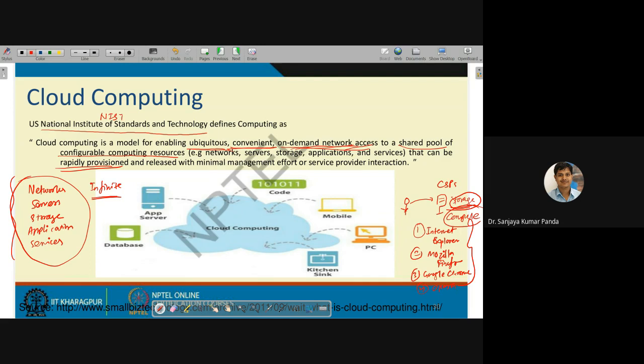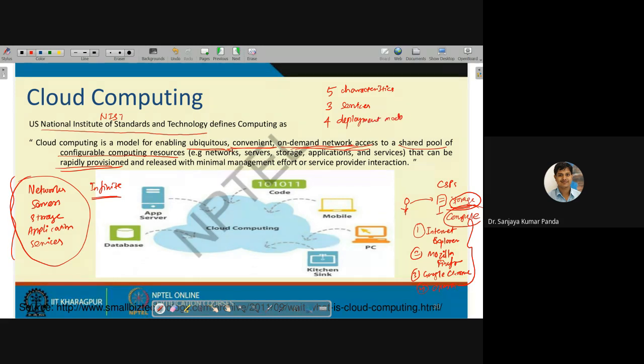There are 5 different characteristics specified by NIST US while defining cloud computing. They also defined 3 different services, and 4 different deployment models.